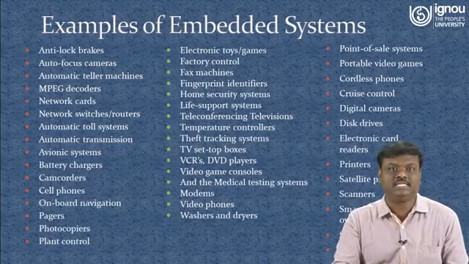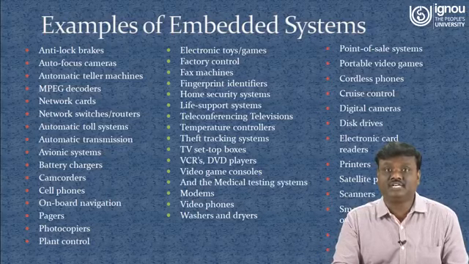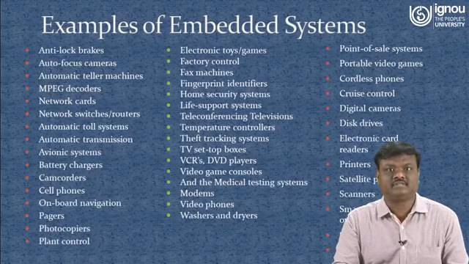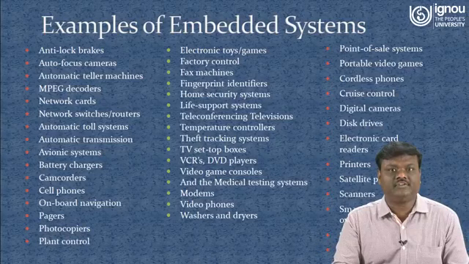There is a long listing: MPEG decoders, camcorders, pagers, industrial equipment, teleconferencing televisions, and the TV set-top box. Then washers, dryers, disk drives, printers, satellite phones, mobile phones, scanners, whatnot. There are several systems.